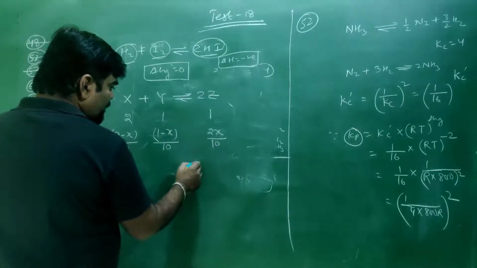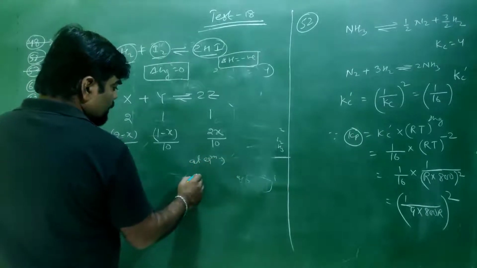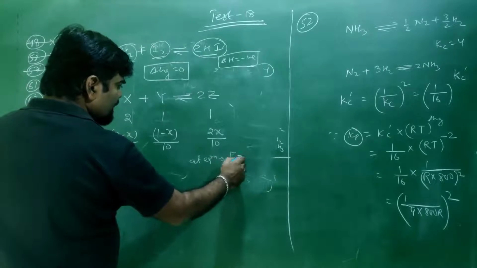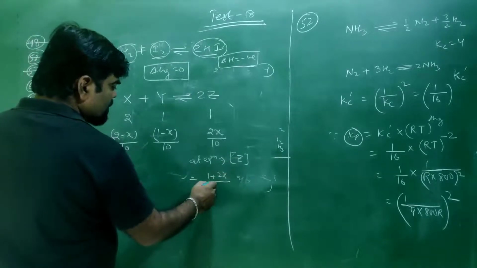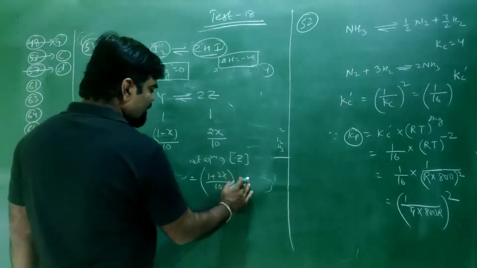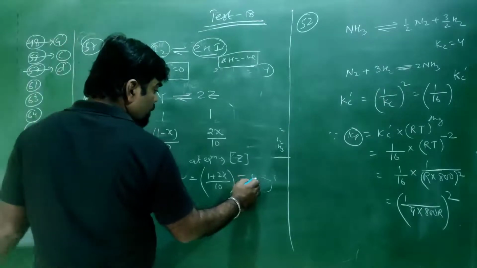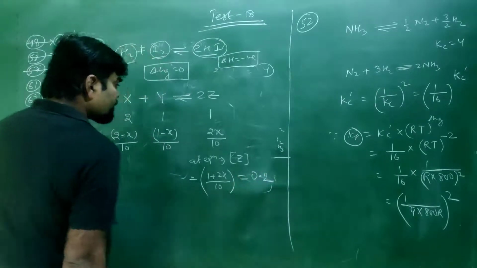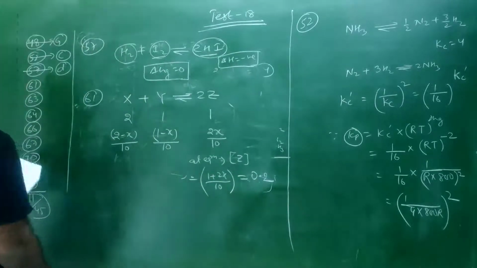So at equilibrium, the concentration of Z is equal to 1 plus 2x by 10, and this value is given as 0.2.